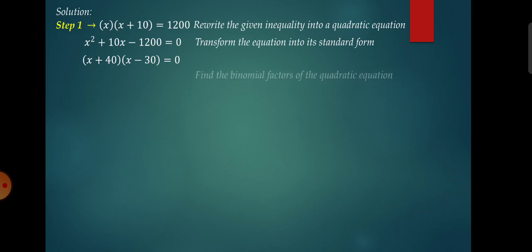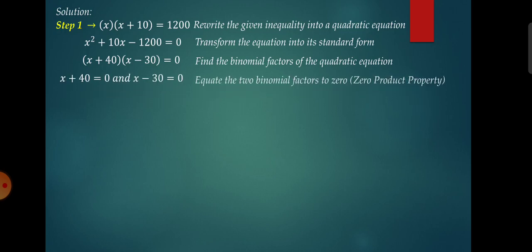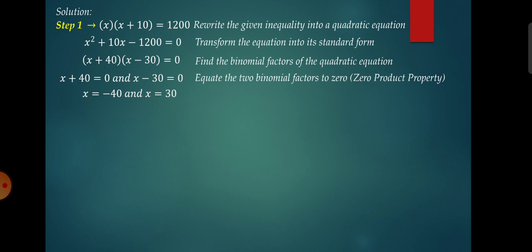So, we got it. Next, after I have determined the binomial factors of this quadratic equation, equate the two binomial factors to 0 based on the zero product property. So x plus 40 equals 0 and x minus 30 equals 0. Then, determine the values of x.